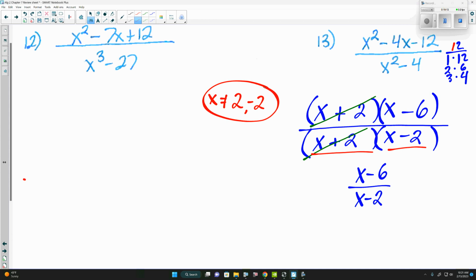If it doesn't ask for them, then no. But this here is your final answer. x minus 6 over x minus 2 would be the final answer. So if it asks to simplify and state the restrictions, we need both. If it just asks to simplify, we just need the x minus 6 over the x minus 2.